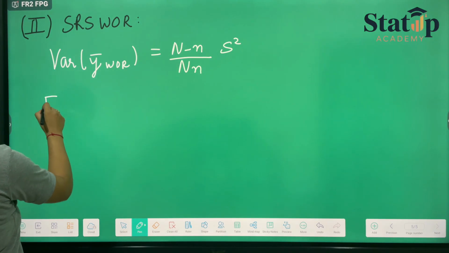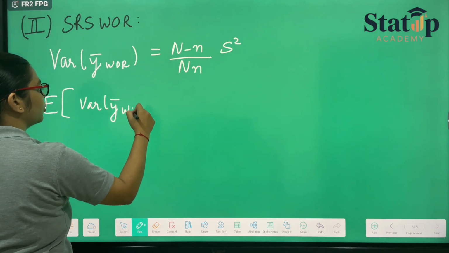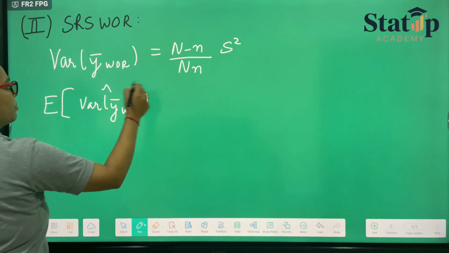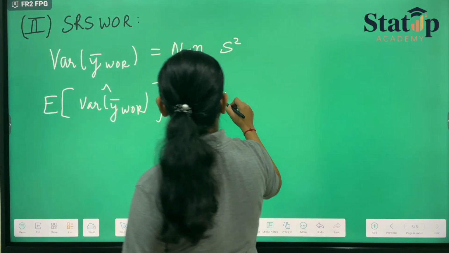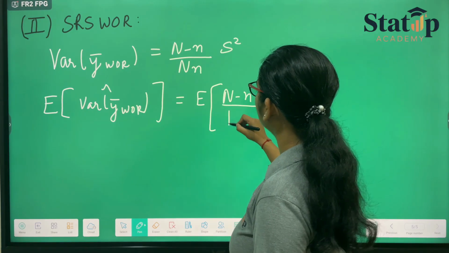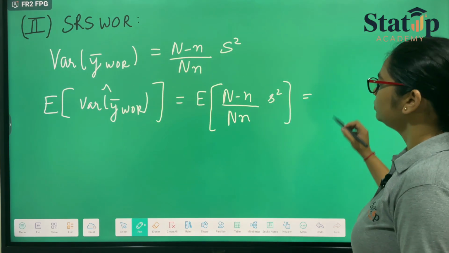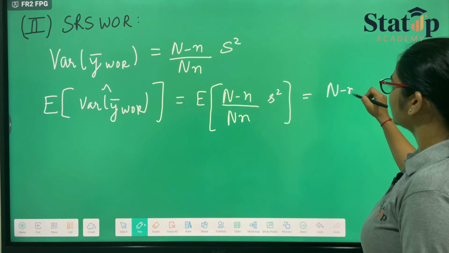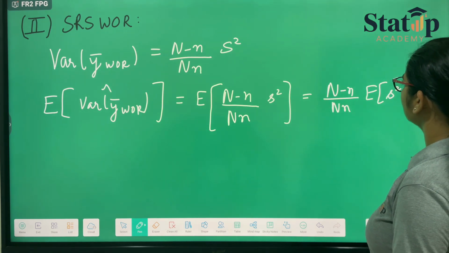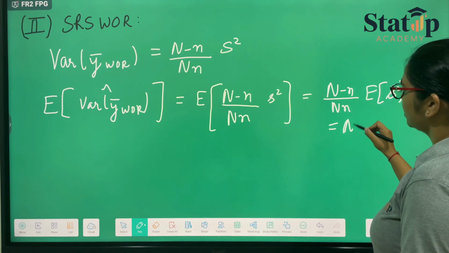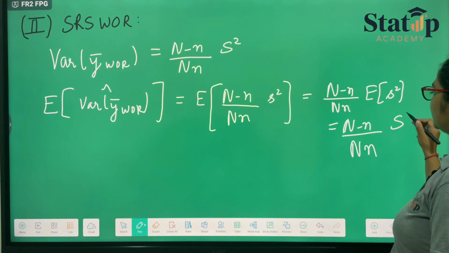So if we take estimation of variance of y bar without replacement, which is nothing but estimation of capital N minus small n upon capital N n, small s square, it is capital N minus small n upon capital N n, estimation of small s square, which is nothing but capital N minus small n upon capital N small n, capital S square.